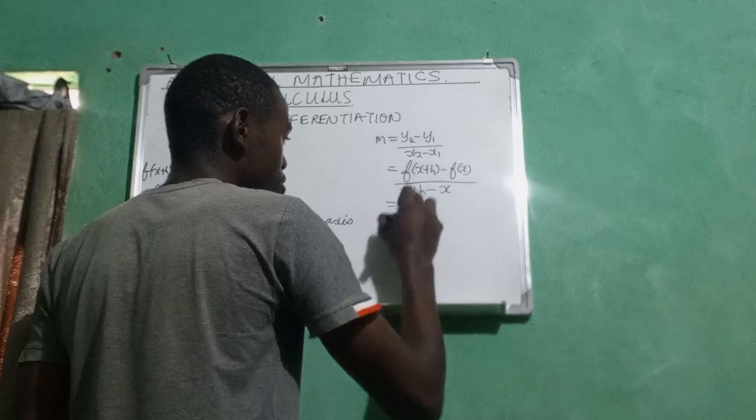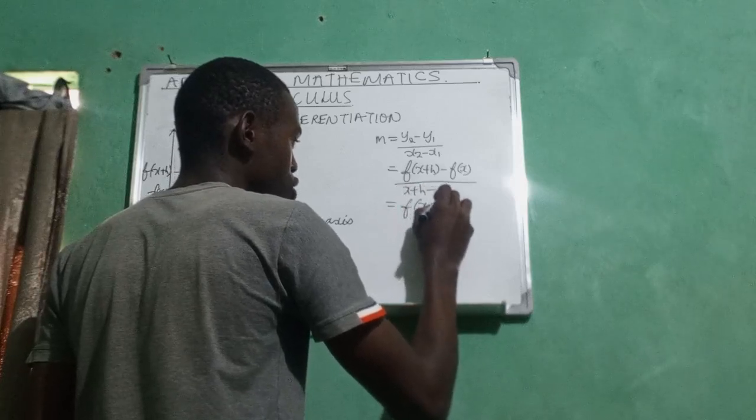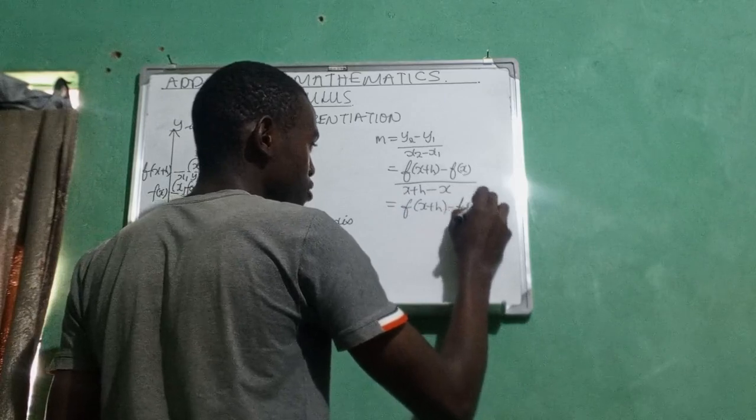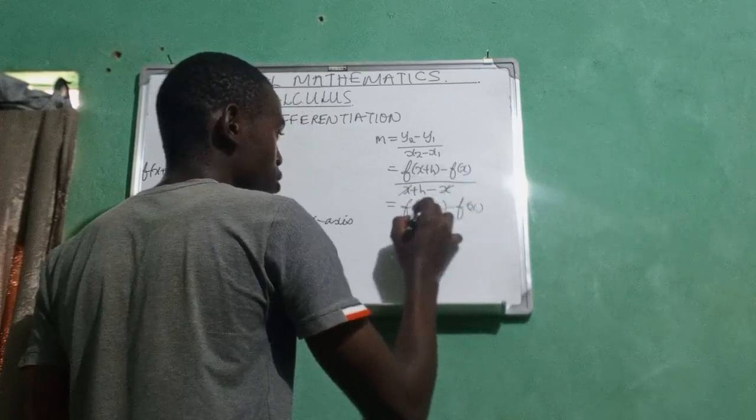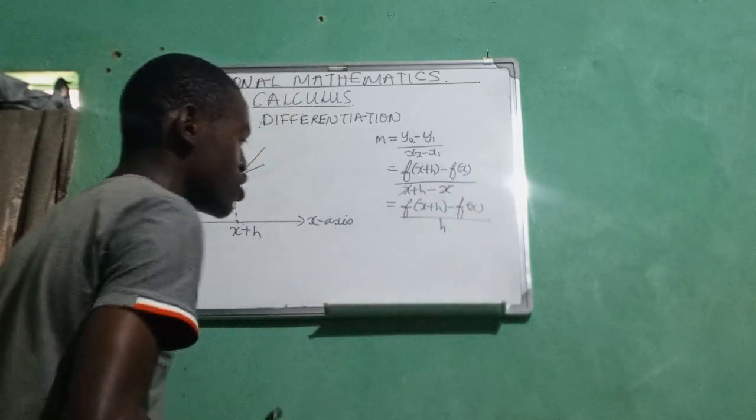If you simplify this, this would be f of x plus h minus f of x, then the x's cancel, and you divide by h.